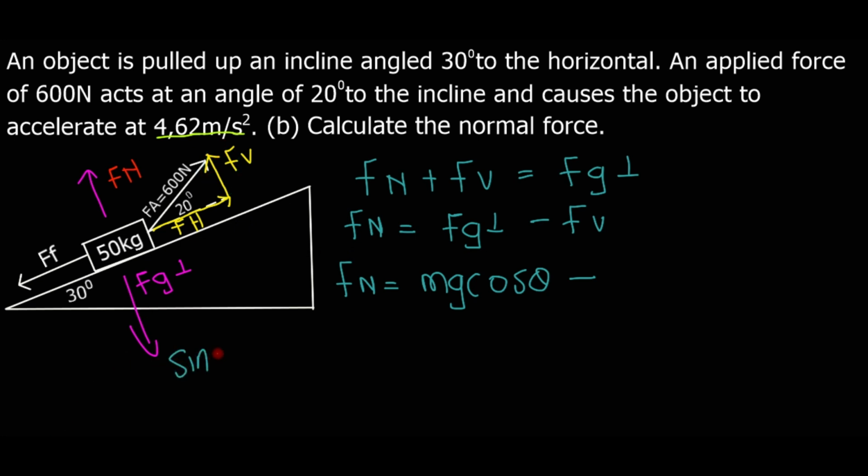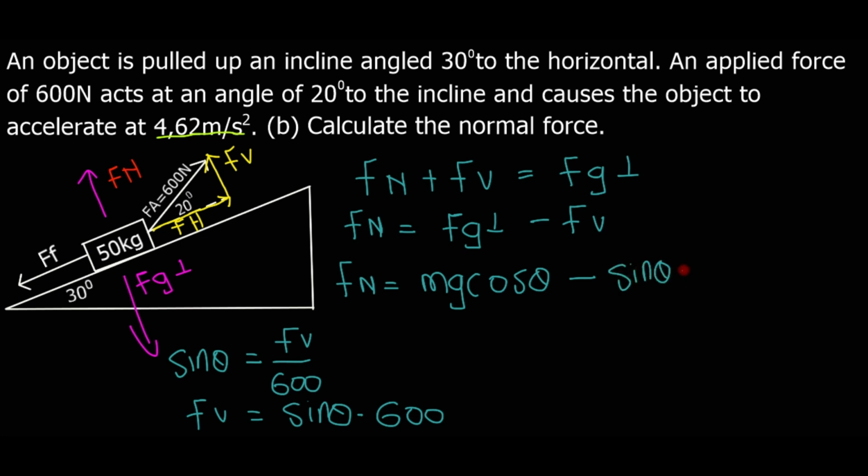Sin theta equals opposite over hypotenuse. So Fv equals sin theta times 600. So here we have sin theta times 600.